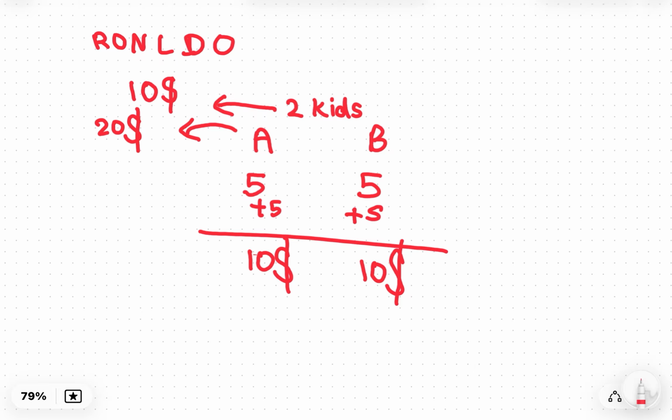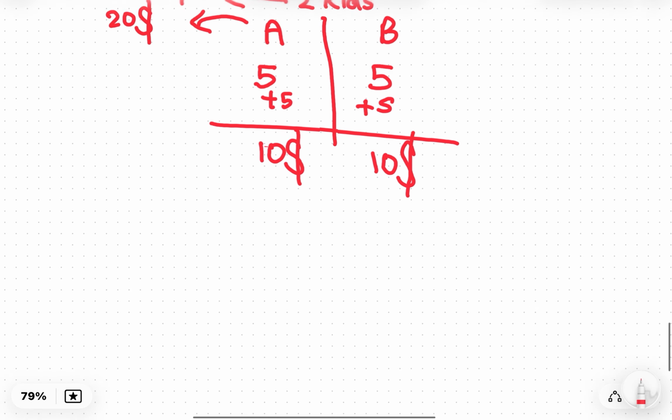If Ronaldo gives a different amount of money to both sides, then the pocket money won't be equal. To make it equal, he needs to give the same amount of money on both sides.